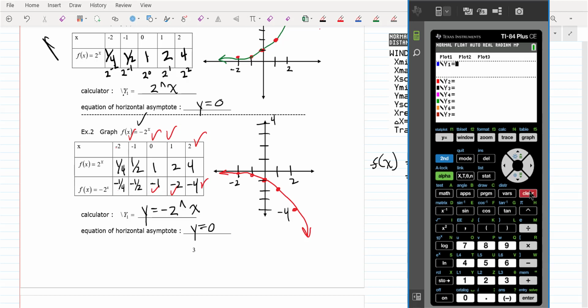The graphing calculator allows you to put several graphs in. So the way you would put this in is you would use your negative key, then 2, caret to raise to the x power. See, that /y1 is just what's already there on your calculator. I'm just having you keep a record of how that goes. Well, there's the graph, okay? So it's going to match up.